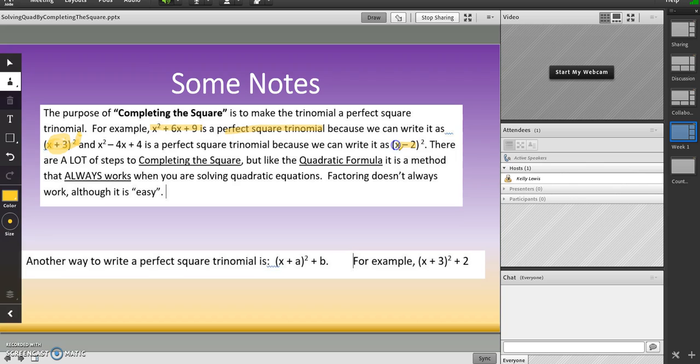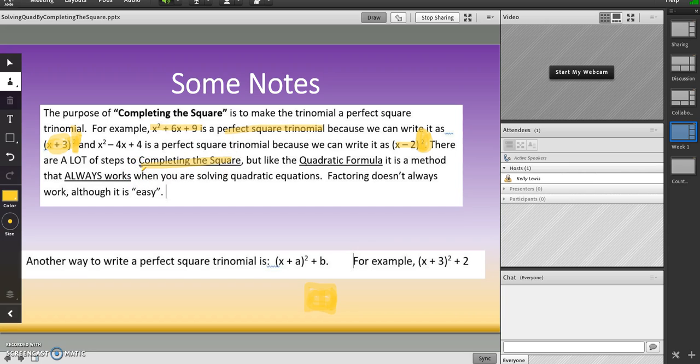The reason it's called completing the square is that if we use what are called algebra tiles, you're making this square thing. You're completing the square portion. You're making, visually, a square, or you're making the square component.